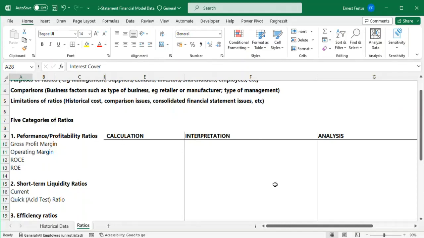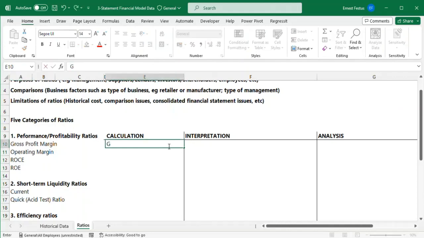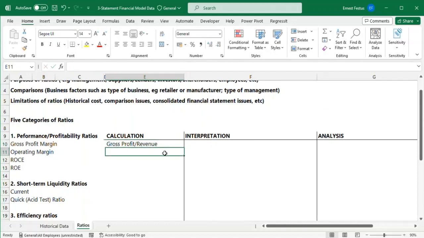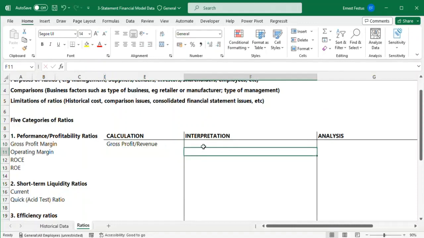Now the gross profit margin, the calculation is equal to gross profit divided by revenue. So that is the formula for our gross profit margin. Now what does the gross profit margin do, or what does it mean? What's the interpretation?